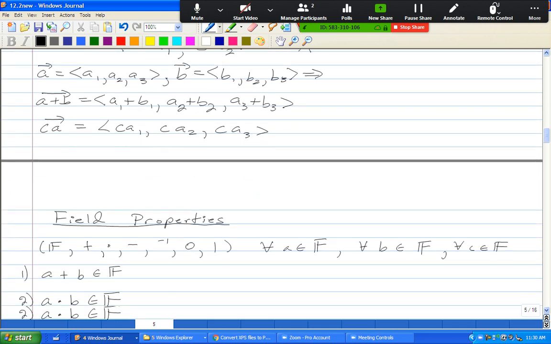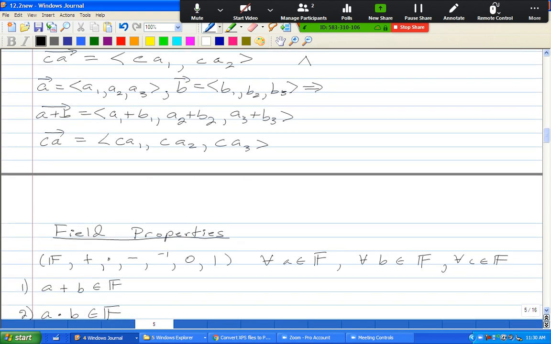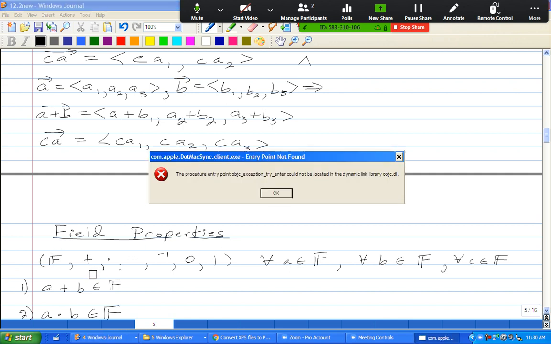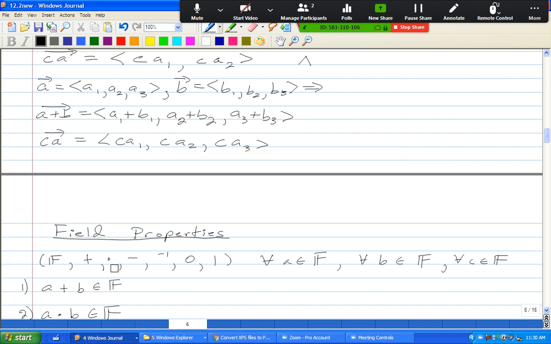So a field will consist of a set, I'll call it F, along with some binary operations. I'll call them plus and times.